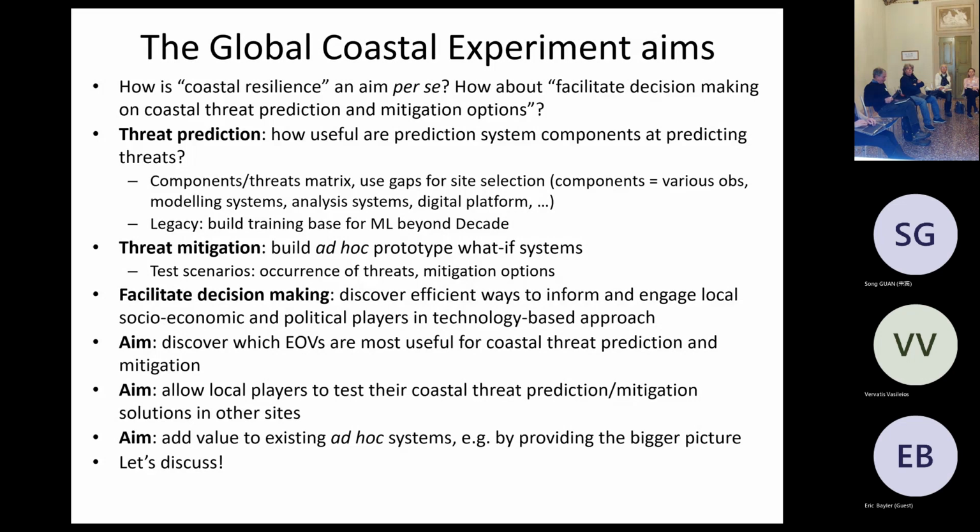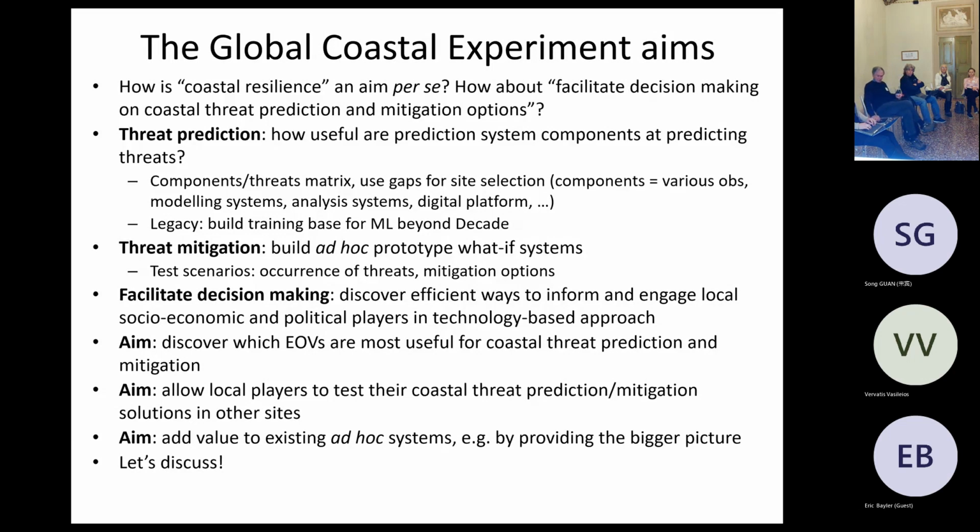So the first question is about the aims of the global coastal experiment. And my first idea was to wonder whether coastal resilience would be an aim per se. So should we try to build coastal resilience, and how should we do that?